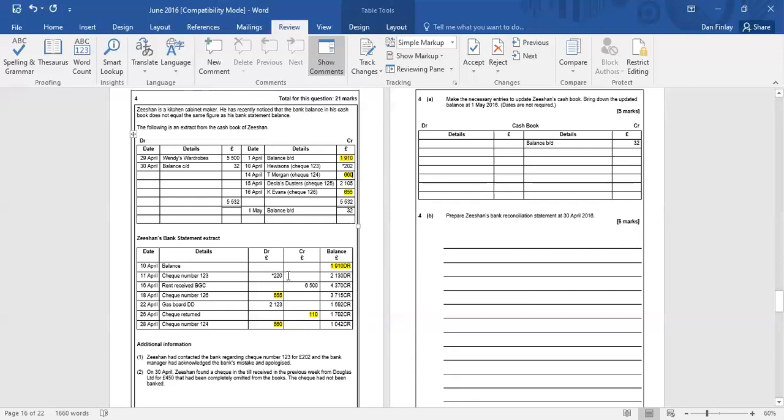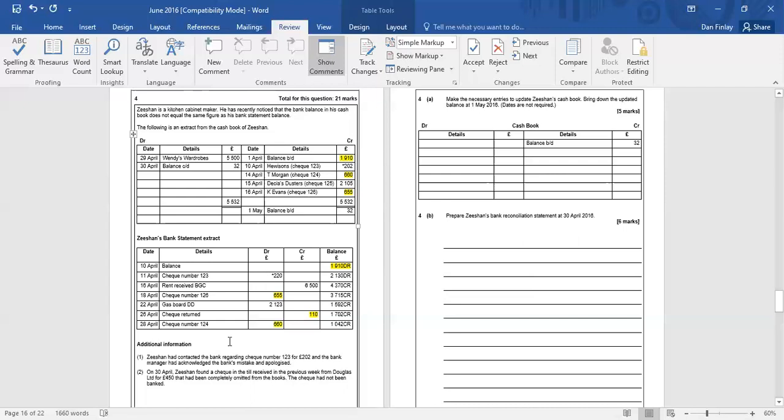Now, if it was our mistake in the cash book, then that's an easy fix. We fix that. If it's an error on the bank statement, then we have to contact the bank for them to correct, and we don't correct it ourselves. Instead, we write a note on the bank reconciliation statement. And I've chosen this exam question so I can show you how to do that.